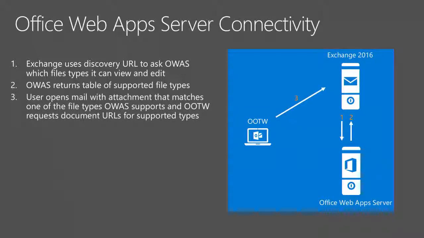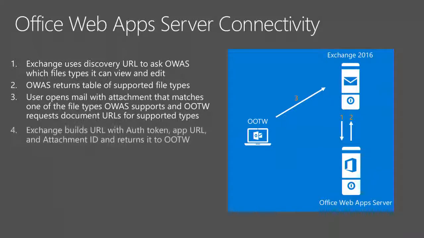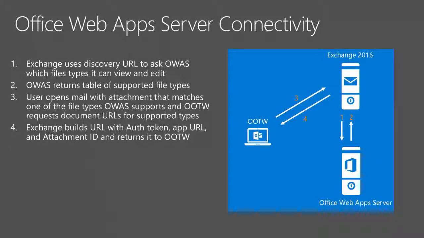The user opens a mail that matches one of the file types that's in the table. So they will then see the supported actions, typically view or download. If they choose view, then Exchange is going to build a URL and populate it with an OAuth token, and that token will be sent to the Office Web App Server for authentication and figuring out what files the user has access to and can edit.